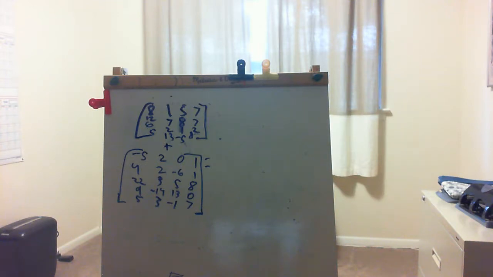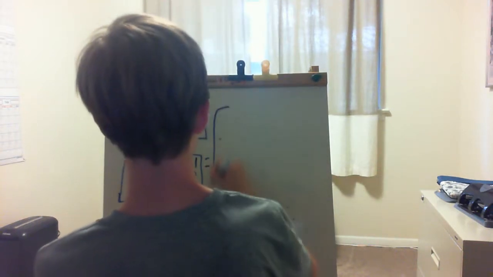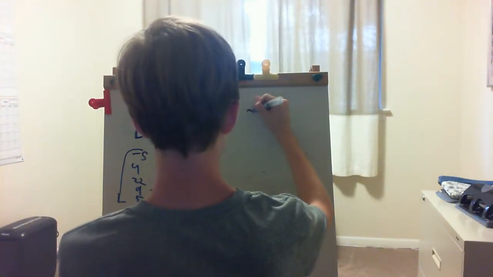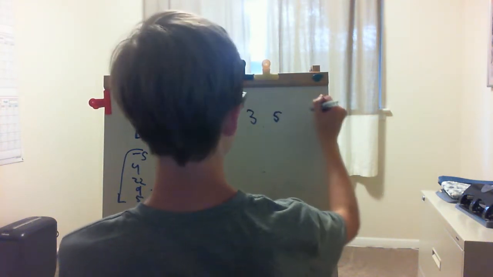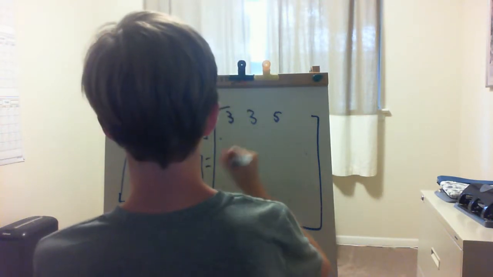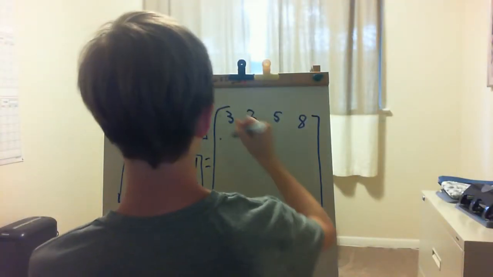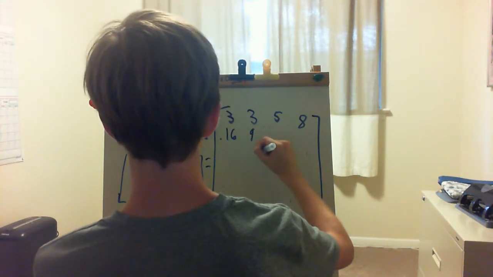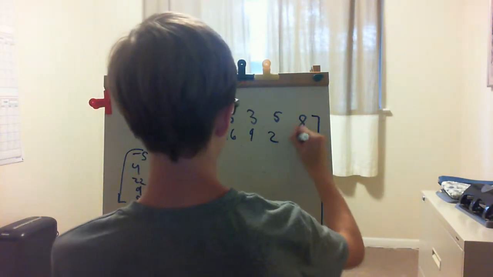Okay, so the answer is 3, 3, 5, 8. Second row, 16, 9, 2, 8.